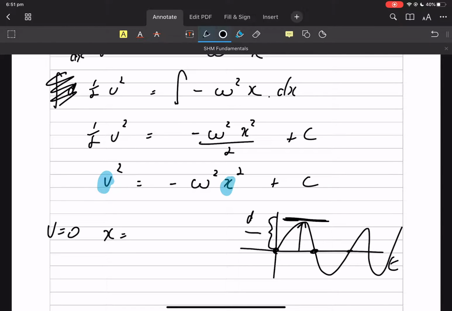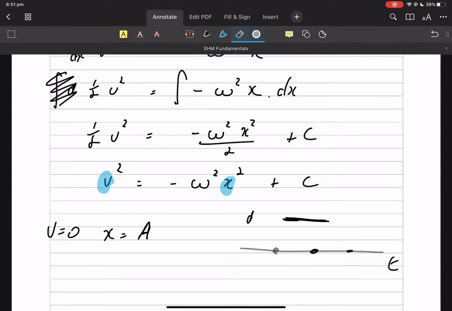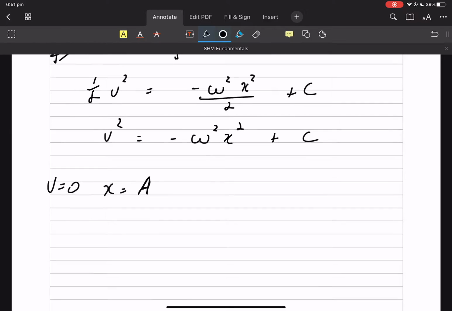Well, I reckon we gave that a name all the way back in grade 10 and said that's the amplitude. Amplitude is A. So when my displacement is at its fullest amplitude A, my velocity is 0. Let's get rid of this diagram. It's done its job. That diagram's really important for you to understand what's going on. Okay, so we now know that velocity is 0 when x is A.